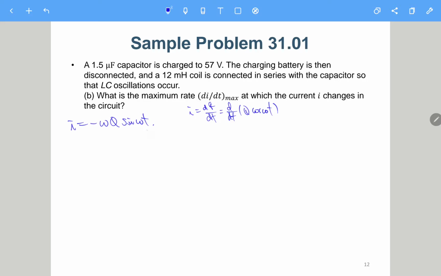Okay, so let's take the derivative, because we would like to consider the derivative of I and then take the maximum. So it is nothing but negative omega square q cosine of omega t.